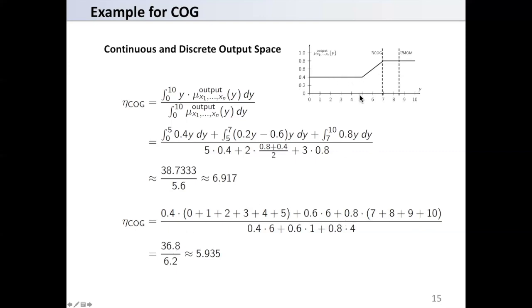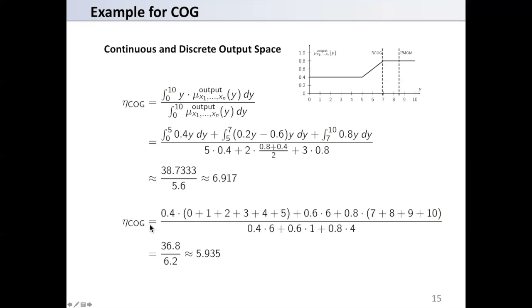And for the denominator, we have here 6 values, and for all of them, the value is 0.4, and for this part, only for one value, the output is 0.6, and for 4 different values, the output is 0.8.